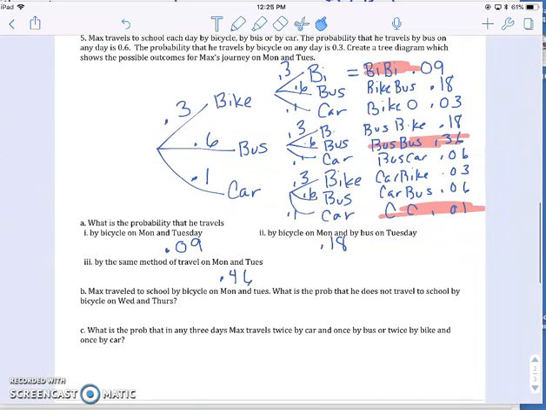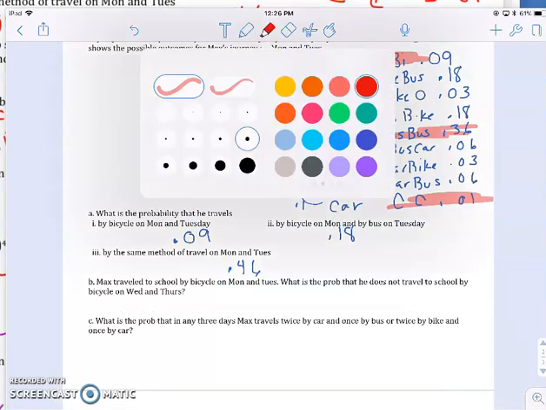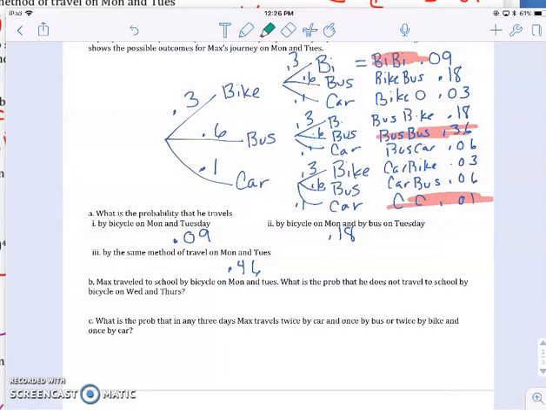So the next one. Max travels to school by bicycle on Monday and Tuesday. What is the probability that he does not travel by bicycle on Wednesday or Thursday? Let's take a look at that one. We need all the numbers without bike. So, nope, that has a bike in it.